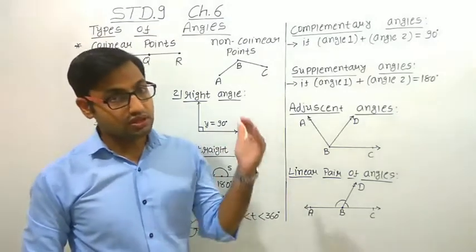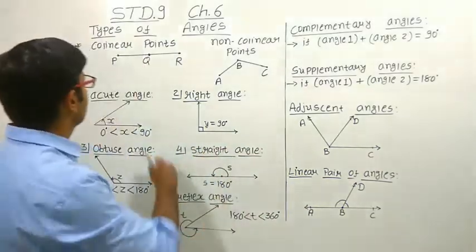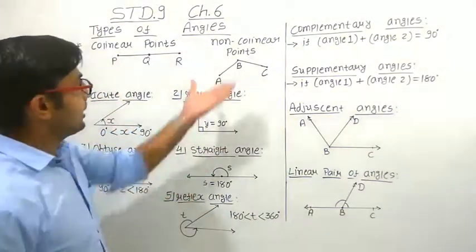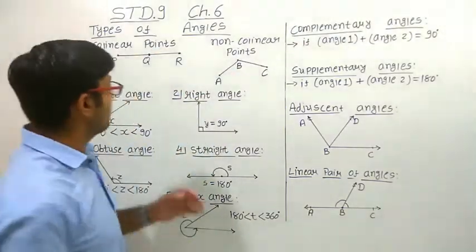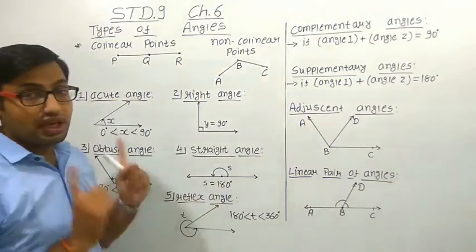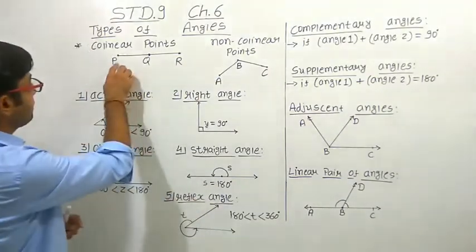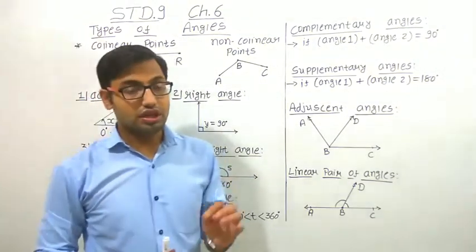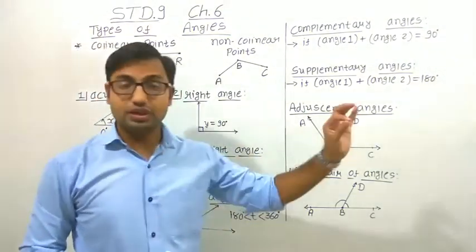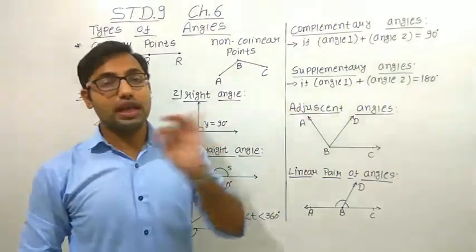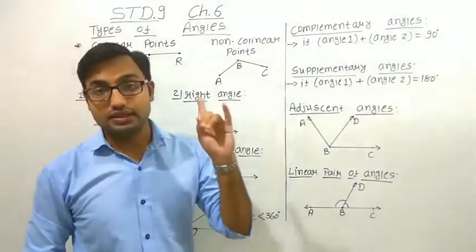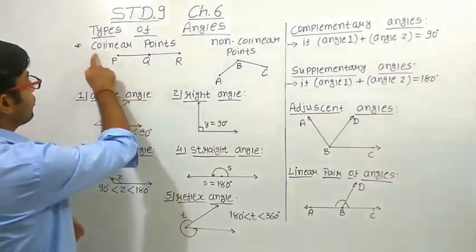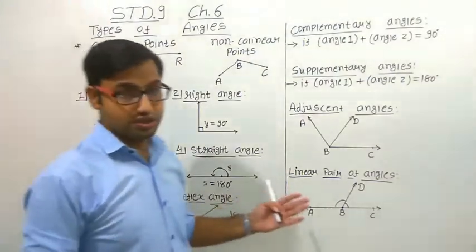Before we study angles, let us see collinear points and non-collinear points. What are collinear points? Suppose there are 3 points P, Q and R. If we can draw a line from those 3 points and that line is a straight line, then those 3 points are called collinear points.